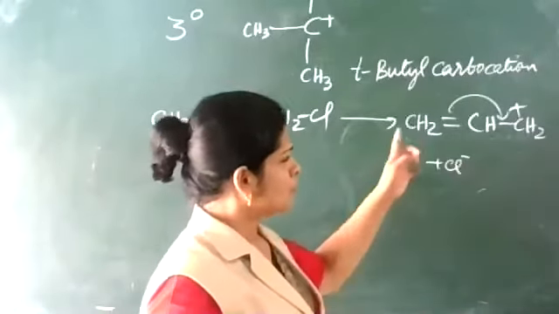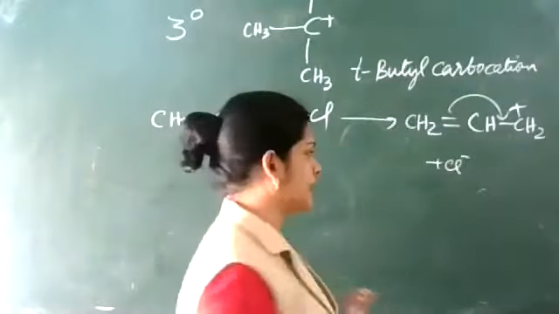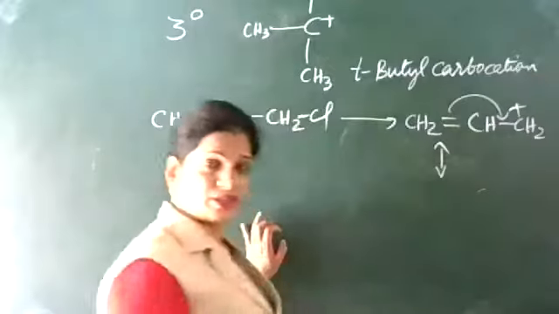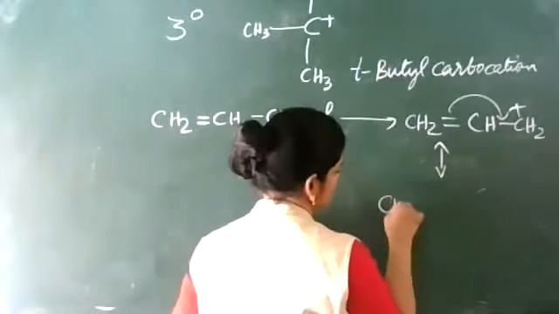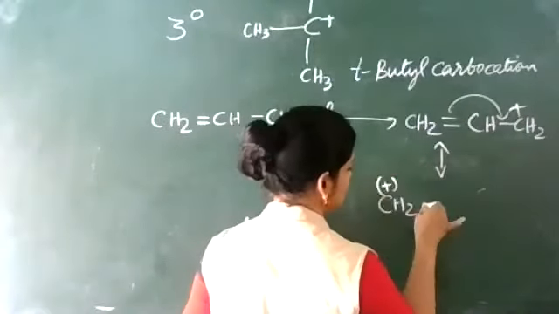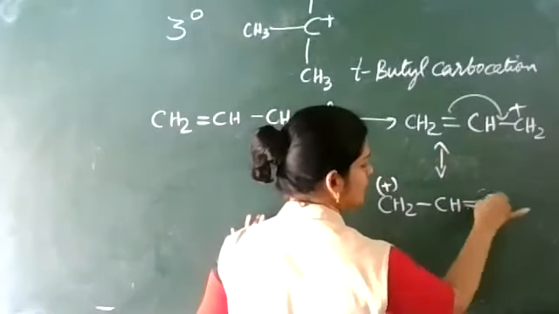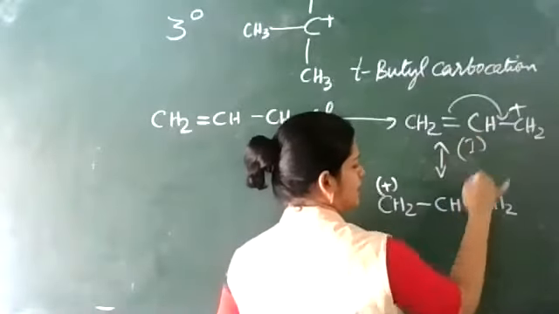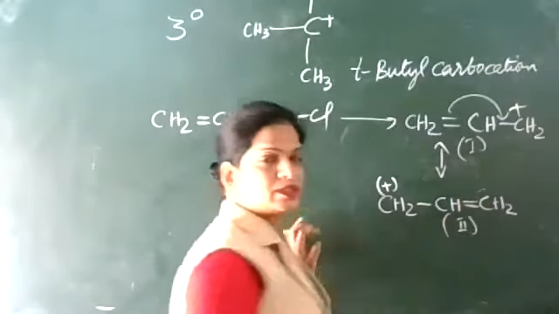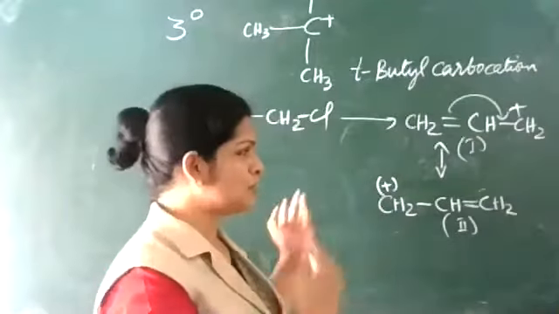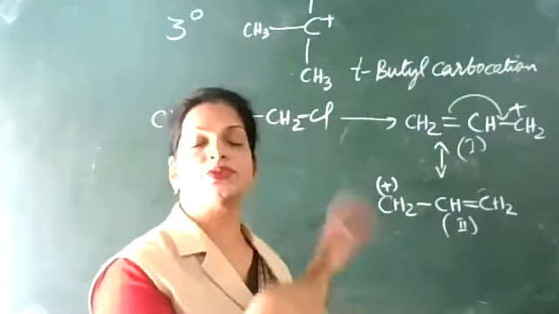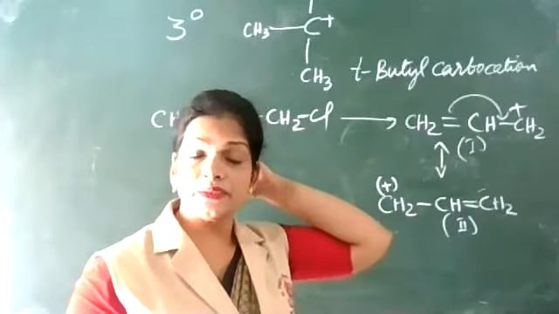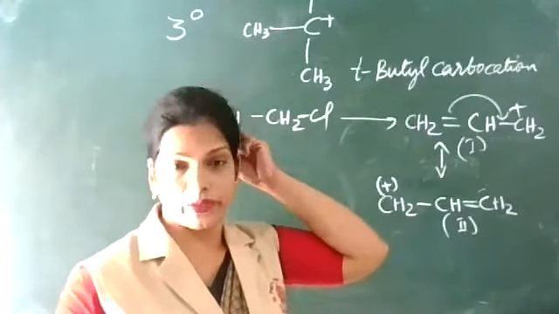So we can write the resonance structure: CH plus, CH double bond CH. This is number 1, and this is number 2 of the resonance structures. It is resonating from this to that, and that to this. This resonance gives stability to the carbocation.